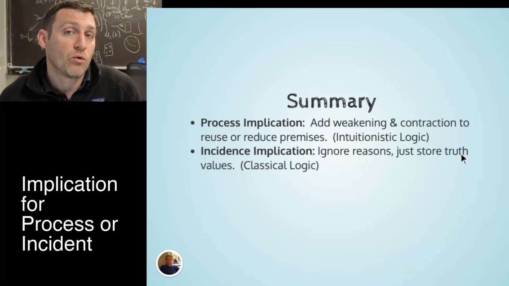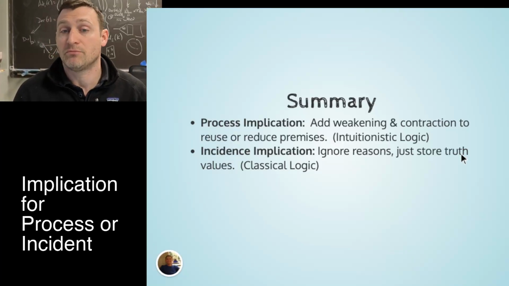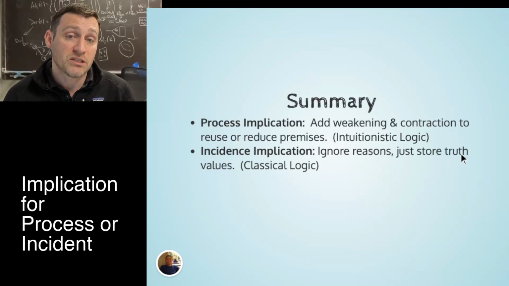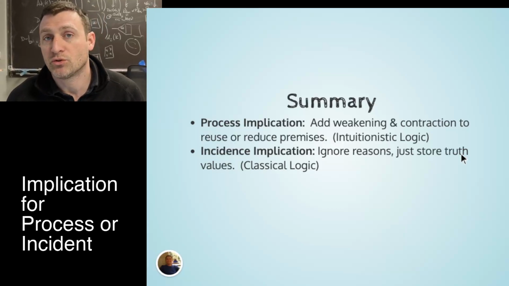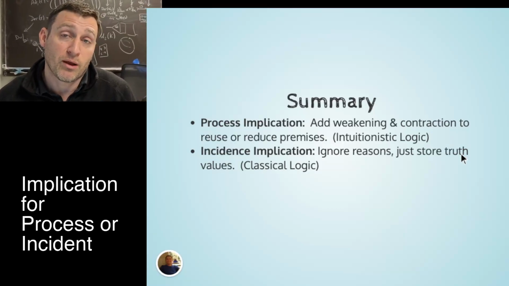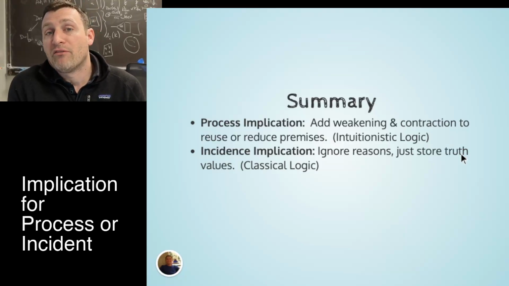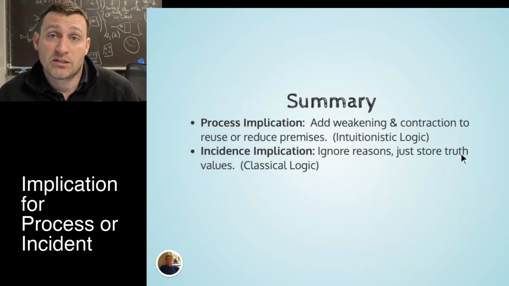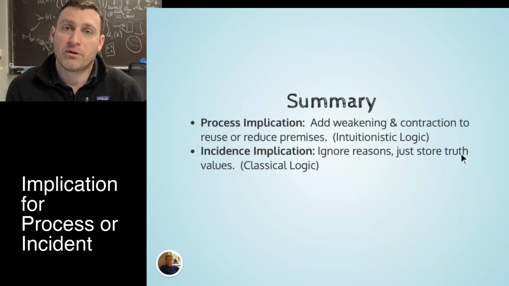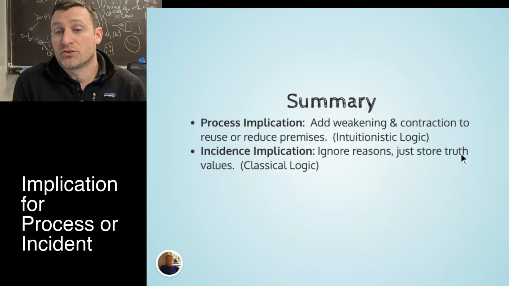As we start to ignore the use of resources, we can move to an implication that's process-based, or what's known as intuitionistic logic. And here the typical trick is to add weakening and contraction rules, which allow you to reuse a premise or not reuse a premise as many times as you like. And then finally, it's the incidence implications, where all we care about is what happened, true and false. This is classical logic, and it ignores the reasons.